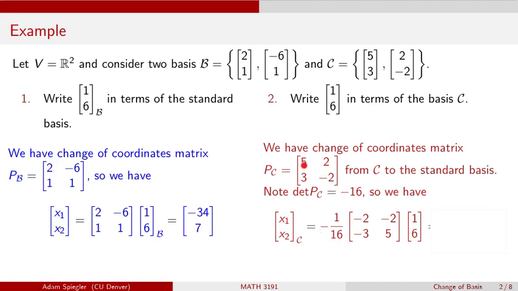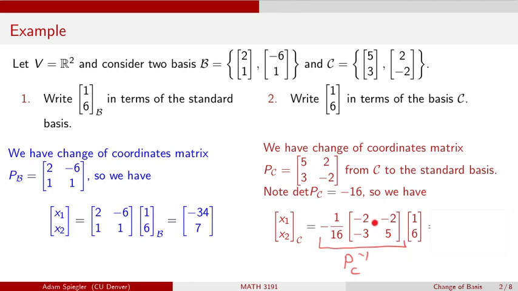And then we interchange the diagonal entries. So that's why I have a -2 here and a 5 here. And then we change the signs of the two off-diagonal entries. So that's why we have a -2 here and a -3 here. So this entire matrix, including the coefficient out in front of it, is the inverse of P_C. So this is how we can go from standard basis to C.